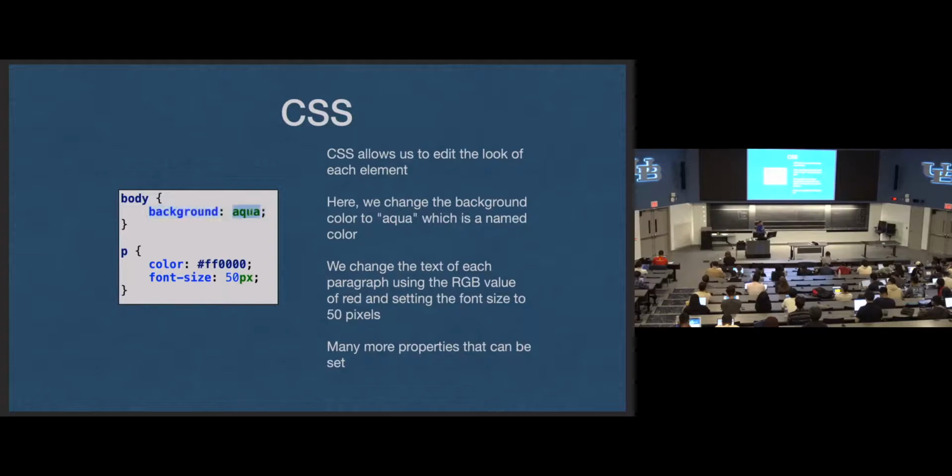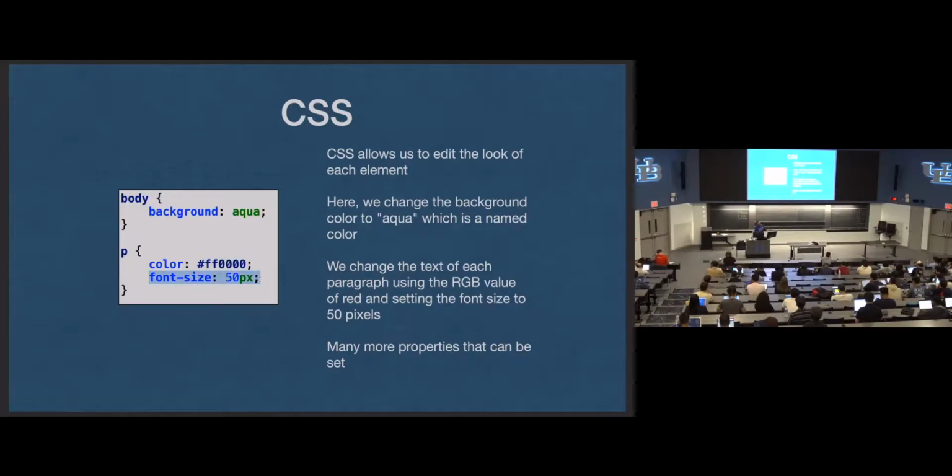So aqua is a named color. I'm using red here, so I could just say red. But if I want to specify the RGB and have full flexibility, I can do that. 2-character R for red, 2-character green, 2-character blue. They're hexadecimal, so FF is full-on red, and then 00, no green, no blue.